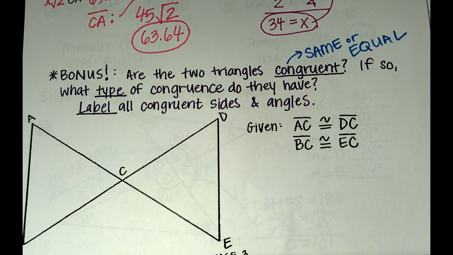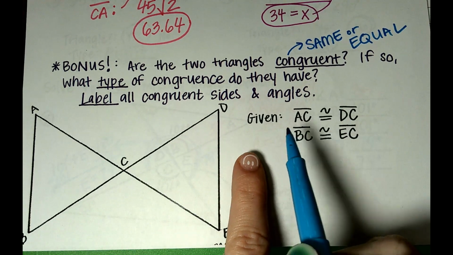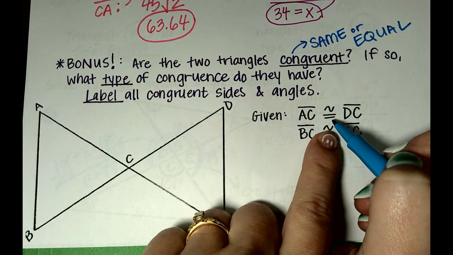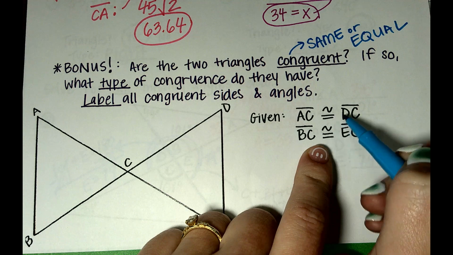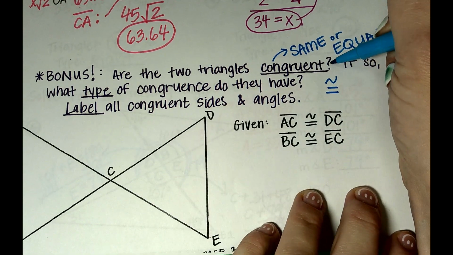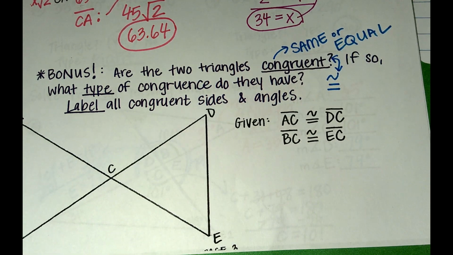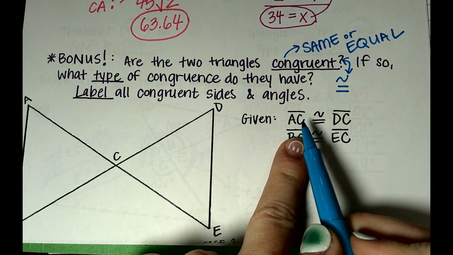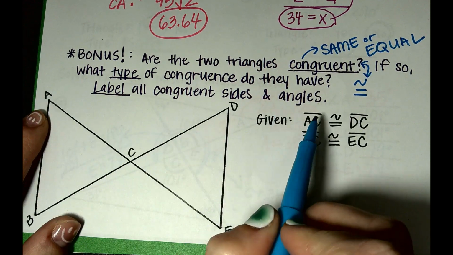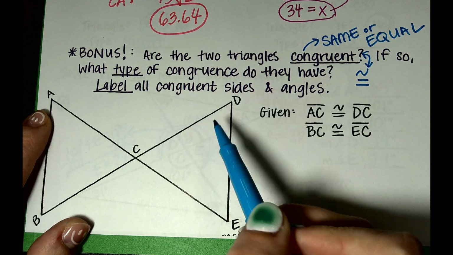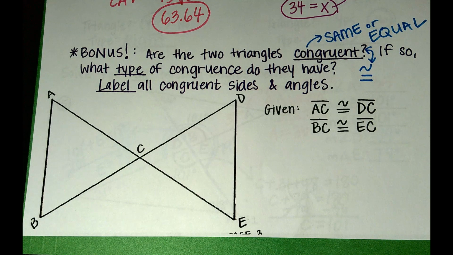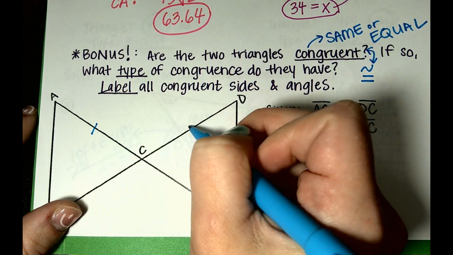So, here's how we do this. I have given some sides that are congruent to each other. Here's a new symbol. This means congruent. Equal with a squiggly. That means congruent. It means that they're the same. So I have told you that AC, right here, is congruent to DC, right here. So to show that they are the same, we show it with tick marks.